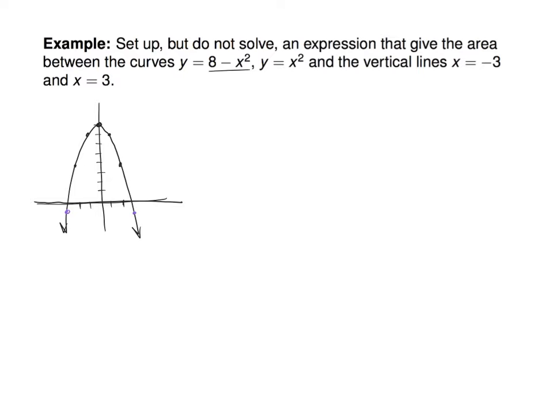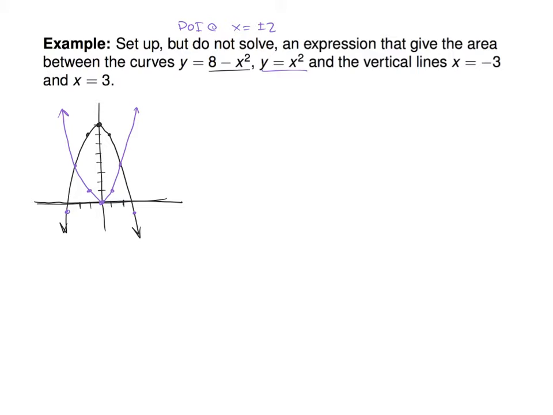Okay. y equals x squared goes through 0, 0, 1, 1, and 2, 4. Do you guys agree with that? That the intersection points here are x equals plus or minus 2? Yes, nod. Yes, okay, great.